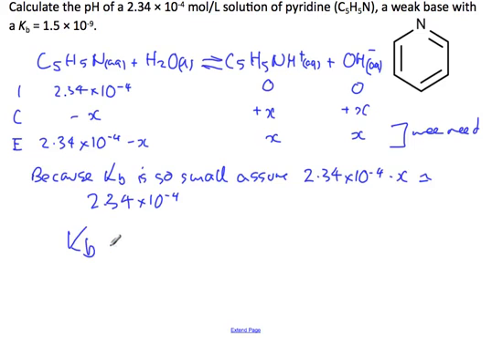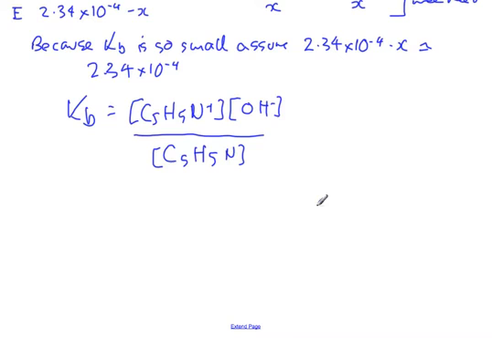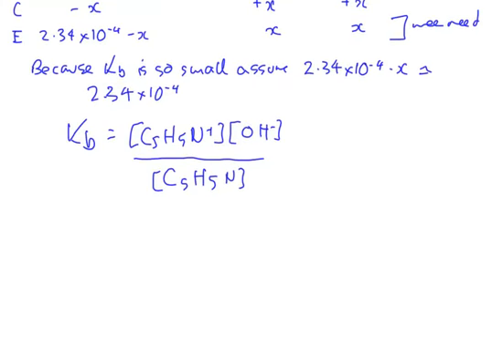So weak base equilibrium expression, Kb, concentration of our cation C5H5NH plus, multiplied by concentration of hydroxide ion, divided by the concentration of our base. And now we can substitute everything in. And so our Kb value is 1.5 times 10 to the negative 9 equals x times x divided by 2.34 times 10 to the negative 4.